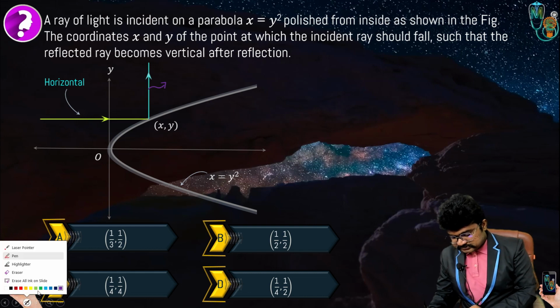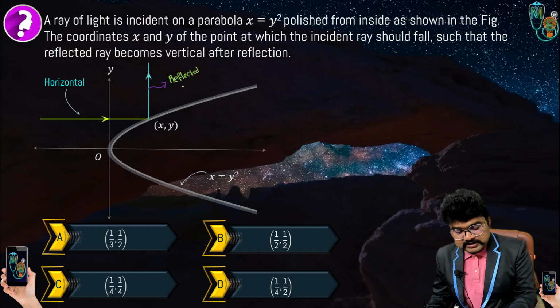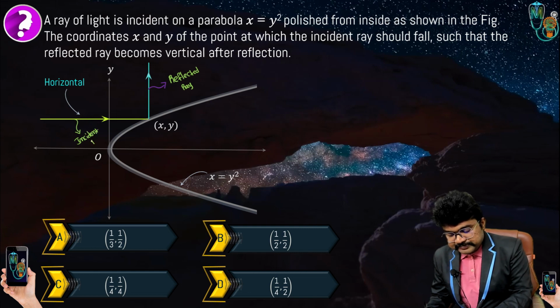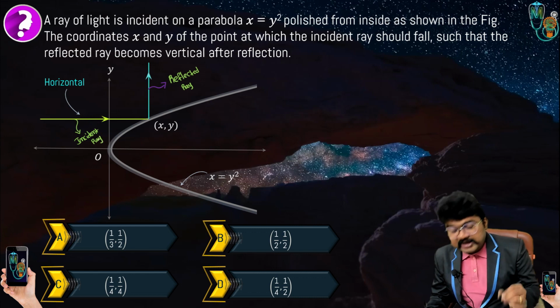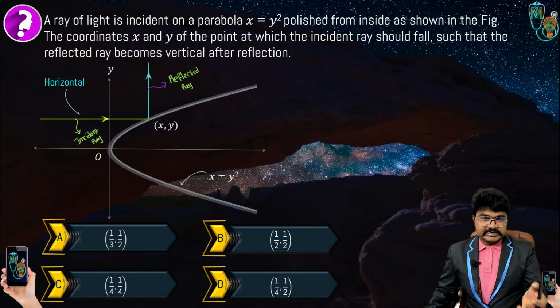So after reflection, this would be the reflected ray. This is the incident ray. Here the incident ray is horizontal. In this question, they have given that the incident ray is horizontal and the reflected ray is vertical.